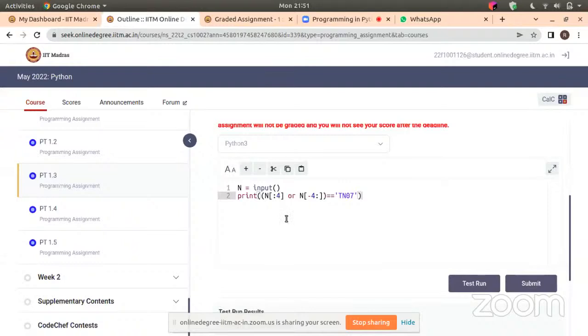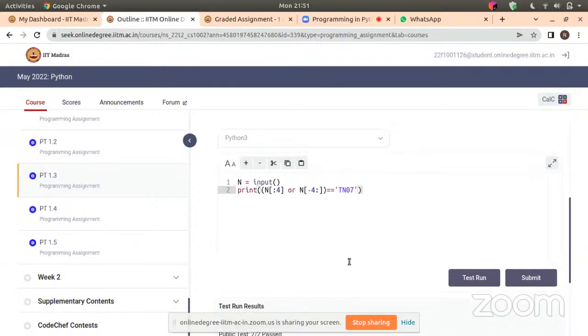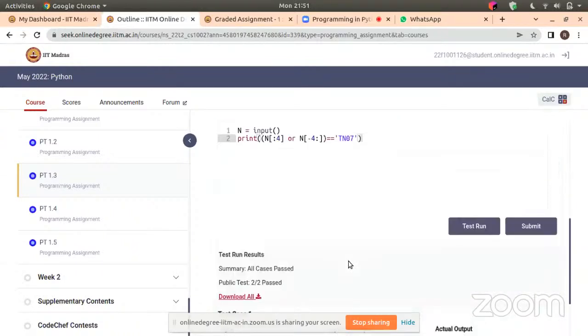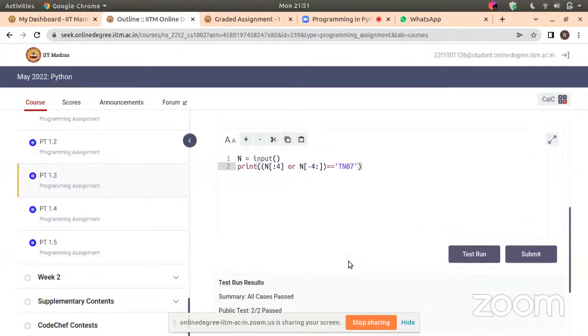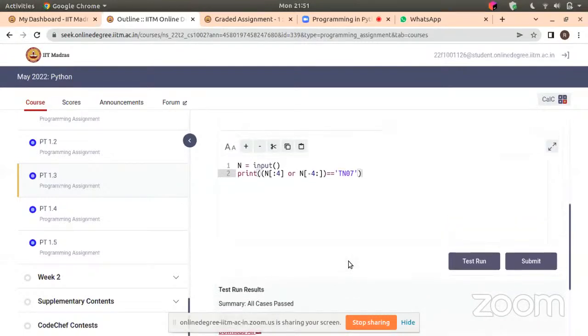Actually, it runs well, but it fails one private test case. What goes wrong with this code?